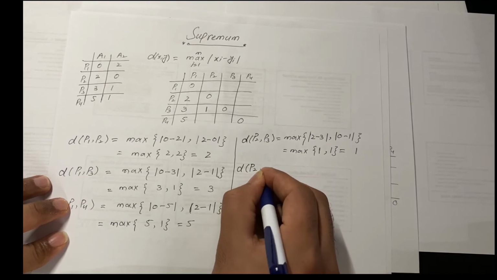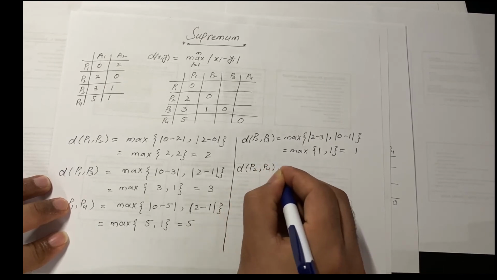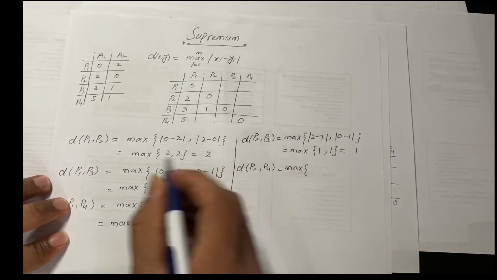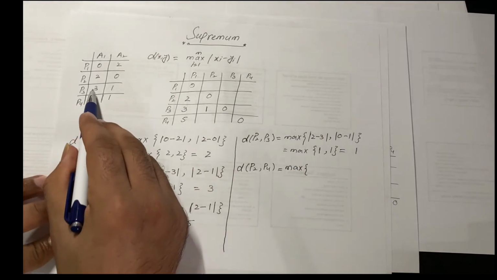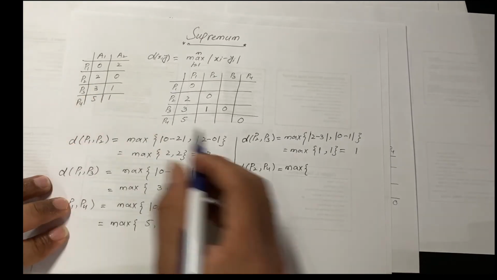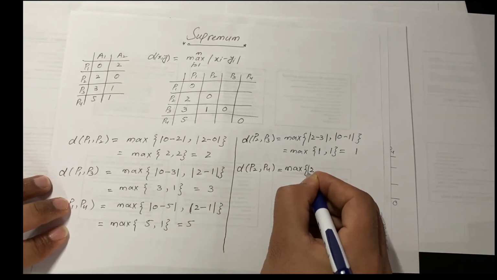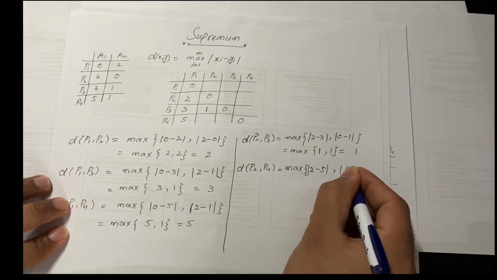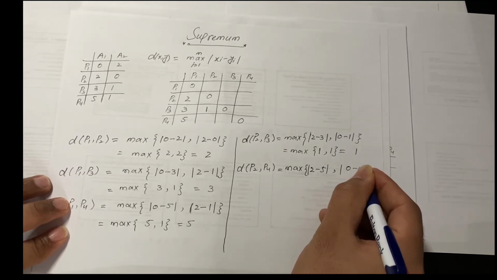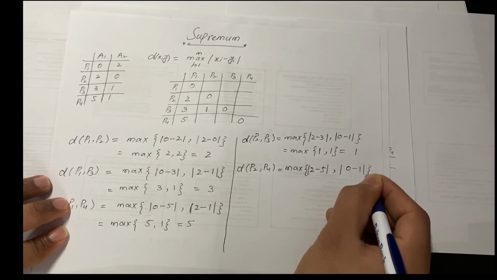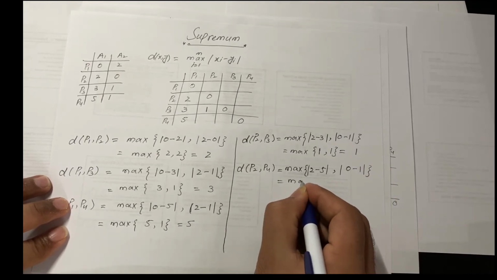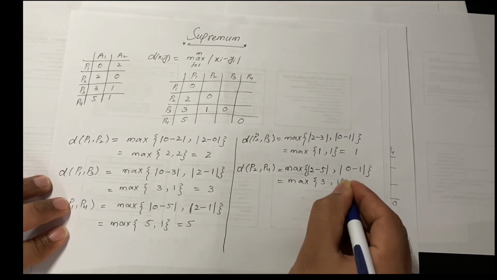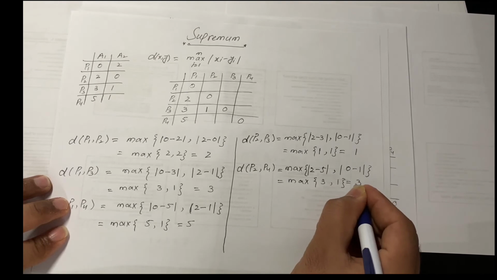Second last is P2 and P4. P2 is 2 minus P4 is 5, comma, P2 is 0, P4 is 1. The maximum of 3, comma, 1 will be 3.